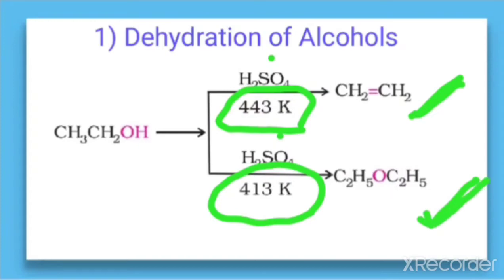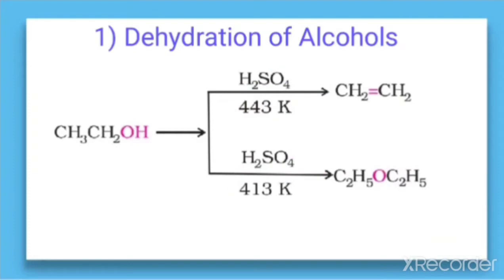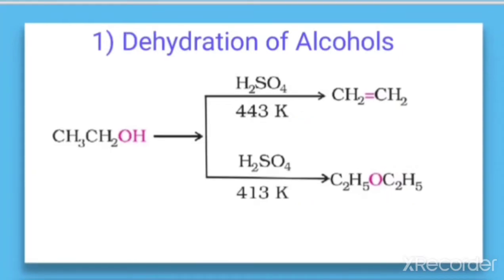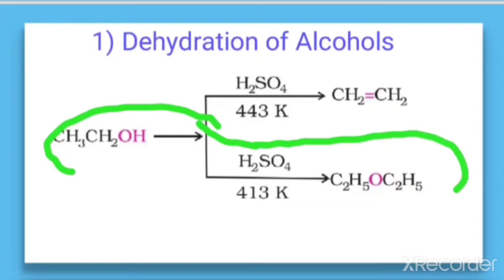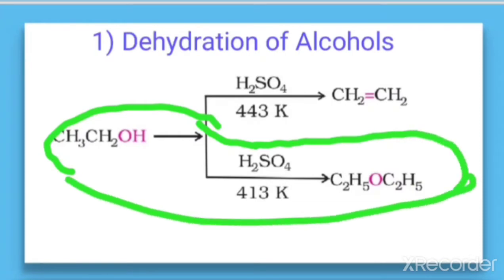That means here the reactants are the same, but the reaction conditions are different. At one temperature alkene is the product, but at the other temperature ether is produced. So in this video we are going to discuss the reaction of alcohol with H2SO4 at 413 Kelvin, which gives rise to ether.